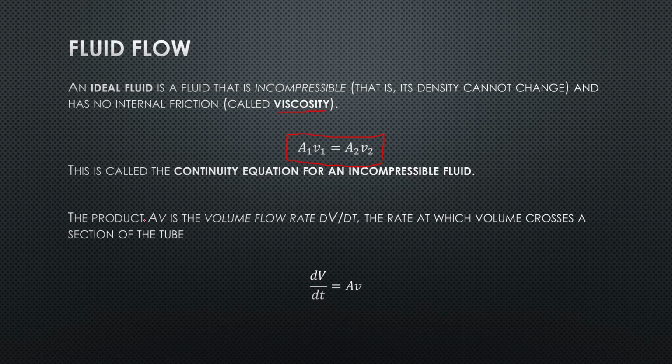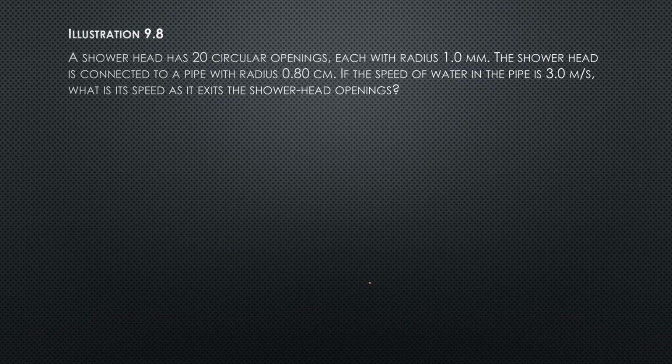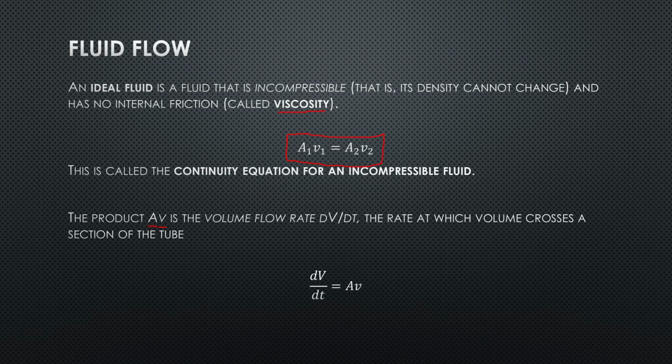The product of the cross-sectional area multiplied by velocity is the volume flow rate. So recall this formula. We will be using this formula for the continuity equation for an incompressible fluid.